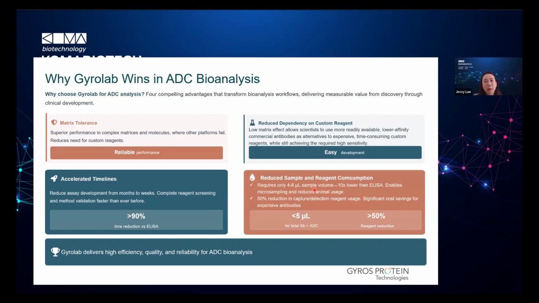That will be more beneficial for transgenic mouse PK, some gene therapy, and drugs for eye diseases, because the sample is quite limited in that case. So in short, Gyrolab delivers high efficiency and also reliable data for ADC analysis.